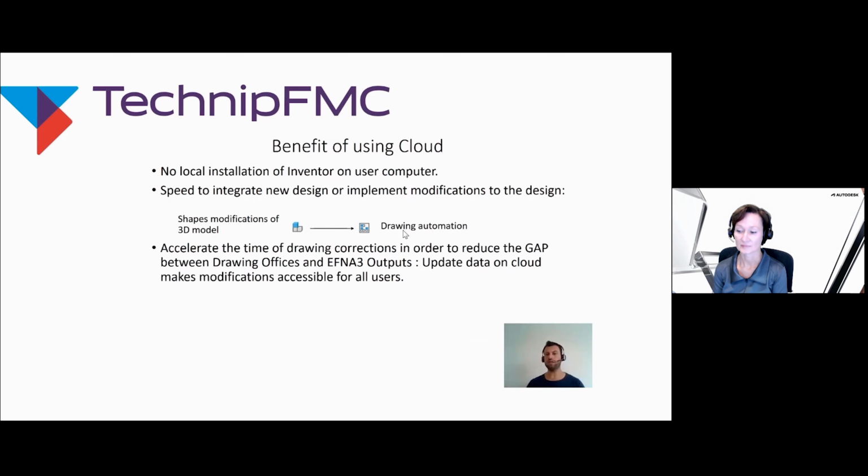How? By communicating with each other, when we want to make a modification. To accelerate this modification, as I explained before, we are working in the local Inventor, and after making this modification, it is very easy to make the correction for all Technip FMC users by sending this modification to the cloud.